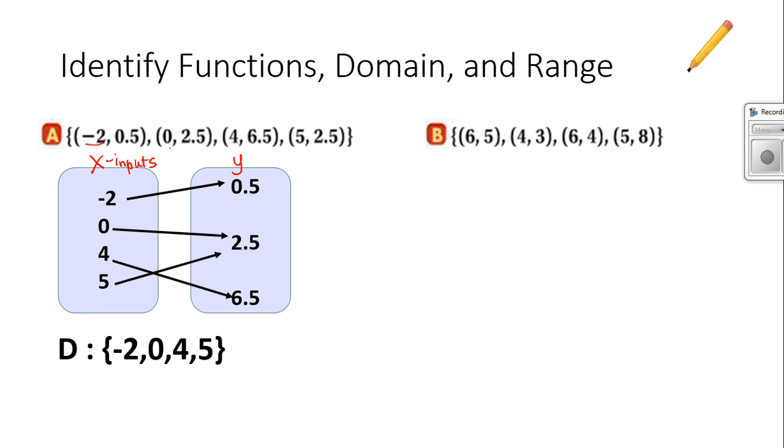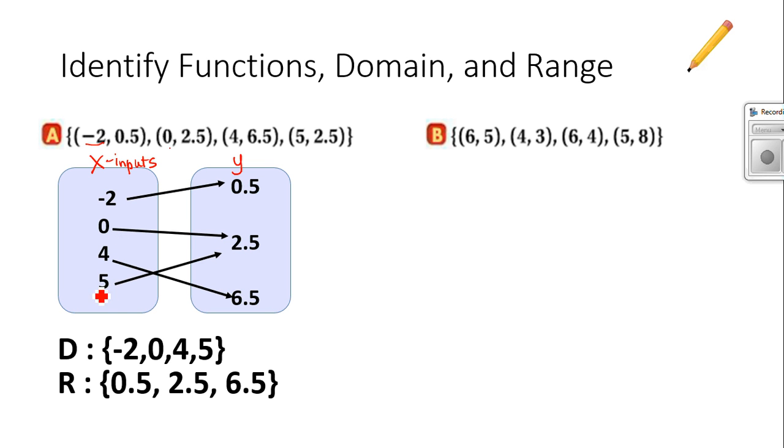So your domain is -2, 0, 4, 5. Your range is 0.5, 2.5, and 6.5. And now can you tell me if this is a function? And I would say, yes, it is a function, because every input has exactly 1 Y. So 1 button gives us 1 thing, 1 button gives us 1 thing.